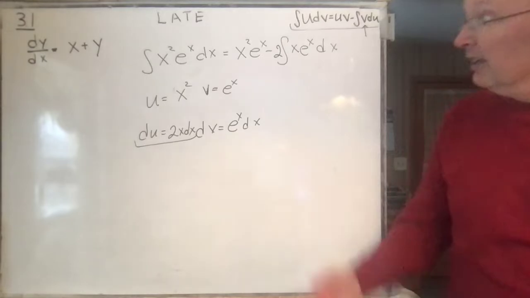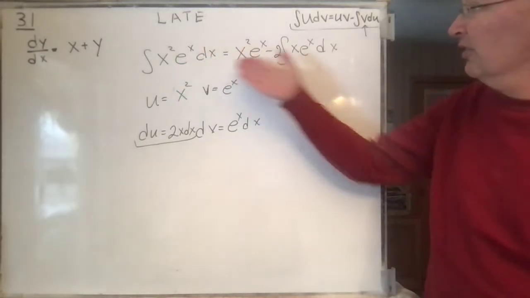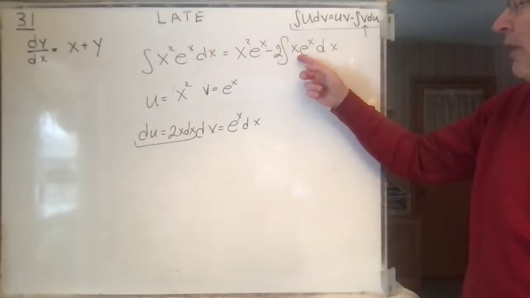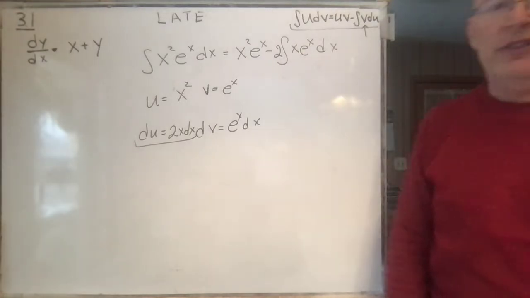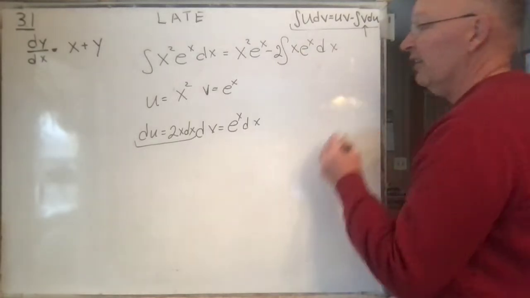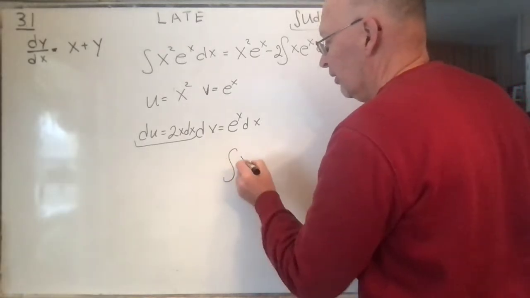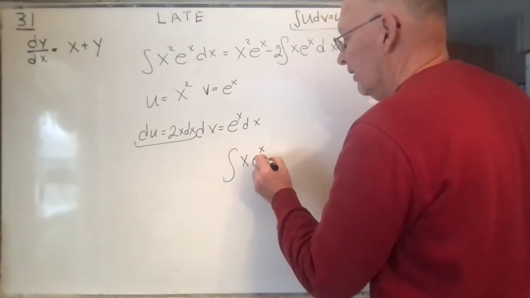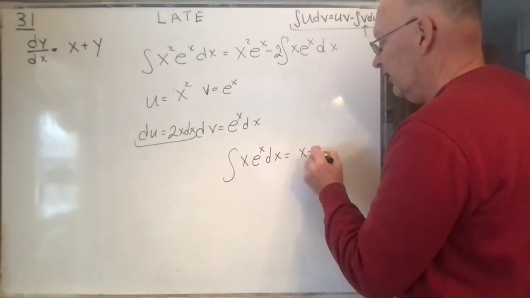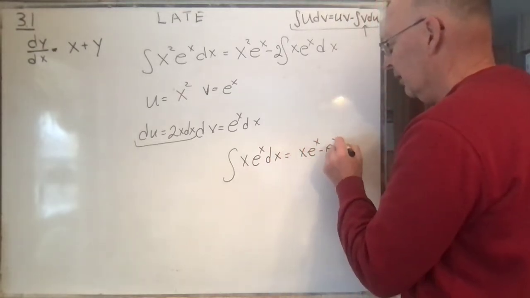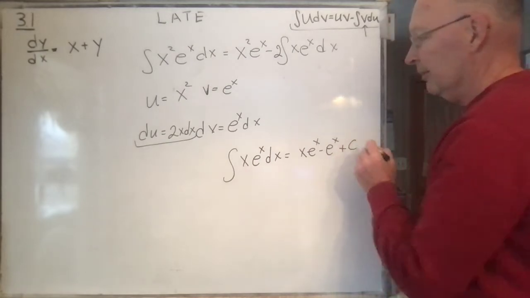So you look at that and you say, wait a second, this is all good, but how do I find the antiderivative of that? And hopefully you don't have to think too hard, because you think, oh, wait a second, we just did that one a minute ago. We proved that the antiderivative of this was, I already forgot what it was. What was it? X e to the x minus e to the x, I believe, plus c.